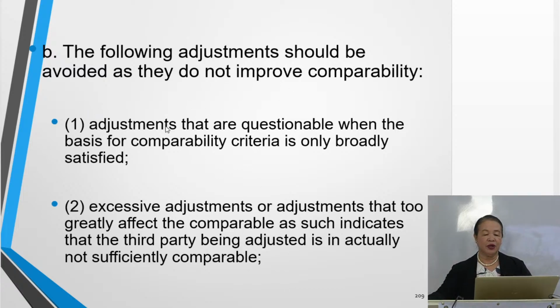Excessive adjustment or adjustment that too greatly affect the comparable as such indicates that the third party being adjusted is actually not sufficiently comparable, no? Questionable yung comparable mo. Okay? So, kailan yan nangyayari? Especially kung wala talagang comparables because the industry where the tested party is in is unique, no? Or peculiar. So, wala ka talagang comparables.